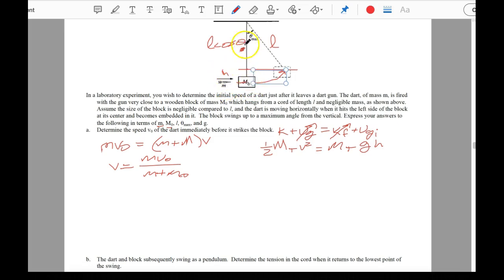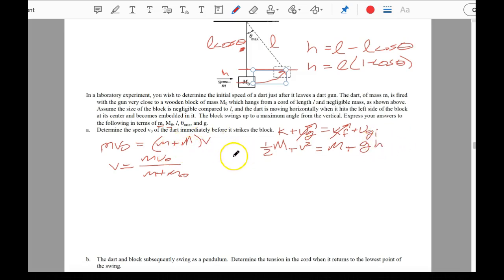We know that the entire thing is L. So H is equal to L minus L cosine of the angle. If you factor that L out, H is equal to L times 1 minus the cosine of the angle. That makes it a lot easier.